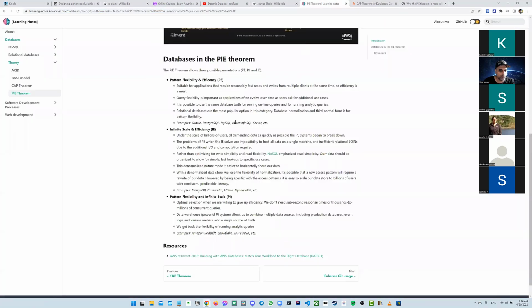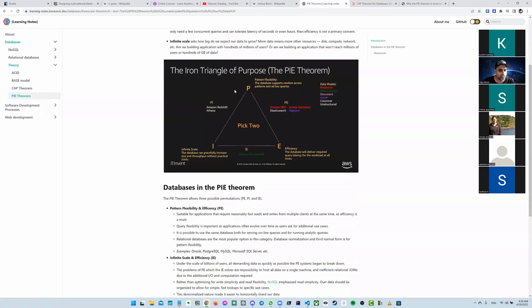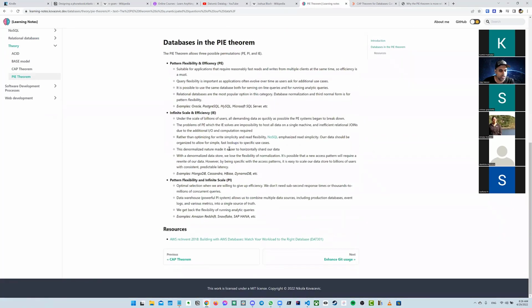Whereas if you're thinking bigger, for the customer facing user, then it's the flexibility to change the data, the efficiency to retrieve that data, and, if you have a high load, the ability to handle infinite scale, which is what we call partition tolerant.